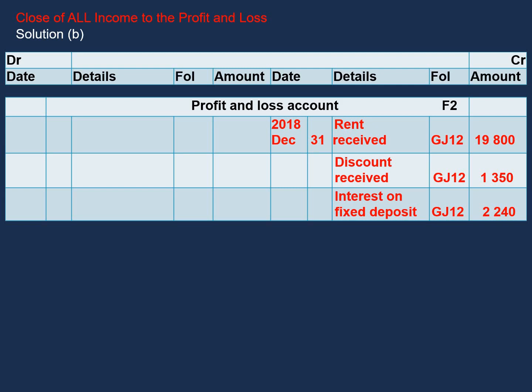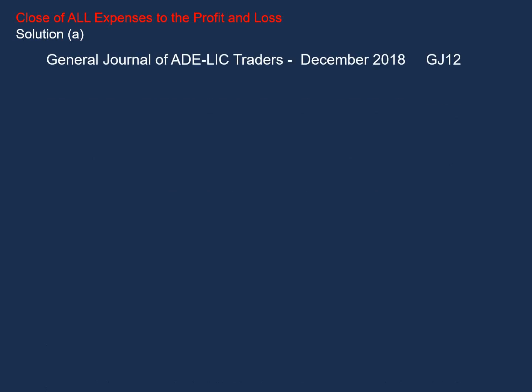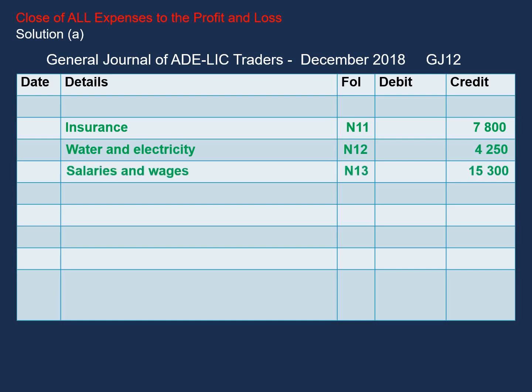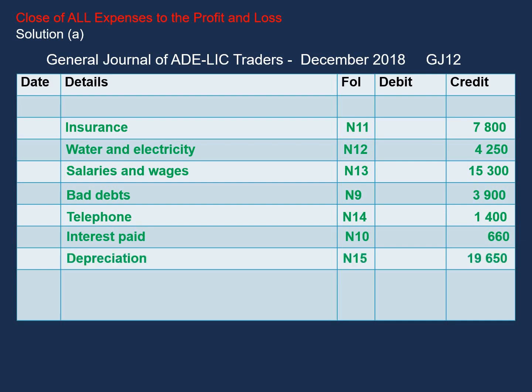Let's move on to the next solution. Next, we will have a look at closing off all expenses to the profit and loss account. In our general journal, we will credit our insurance with 7,800, our water and electricity with 4,250, our salaries and wages with 15,300, our bad debts with 3,900, our telephone account with 1,400, interest paid 660, and our depreciation with 19,650.